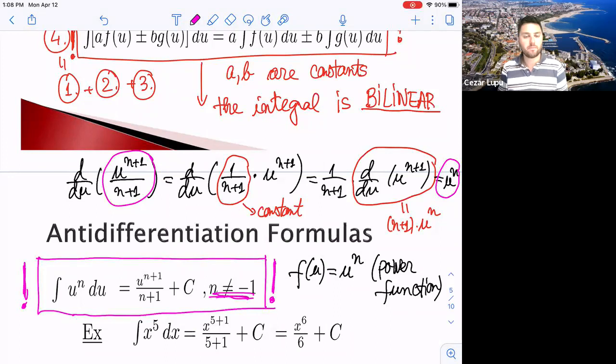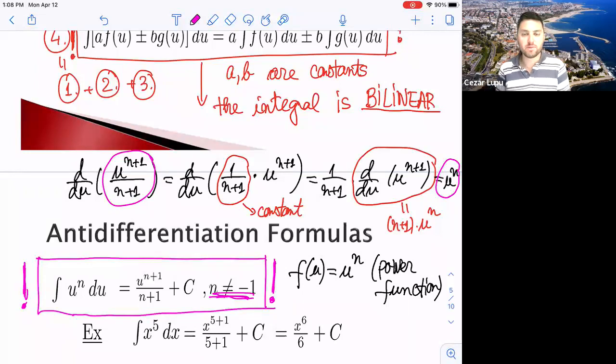It's important, because we will see what happens afterwards. All right, so now let's see an example for n equals 5. So we would like to compute the integral of x to the power of 5 dx.